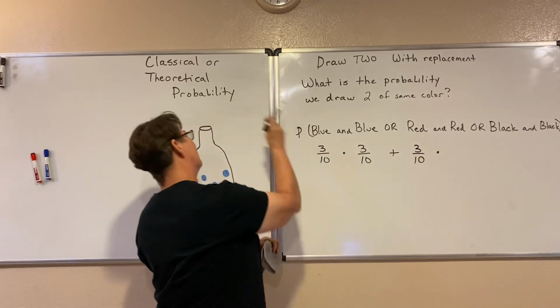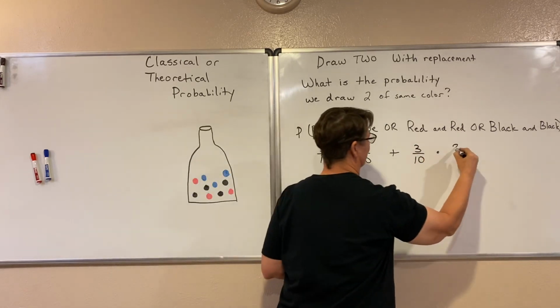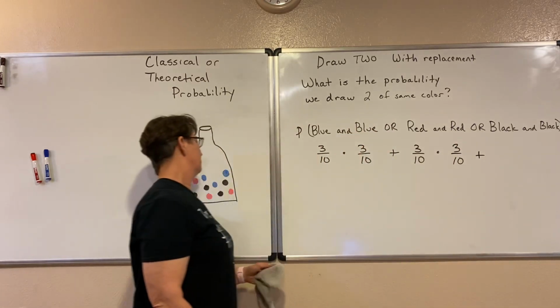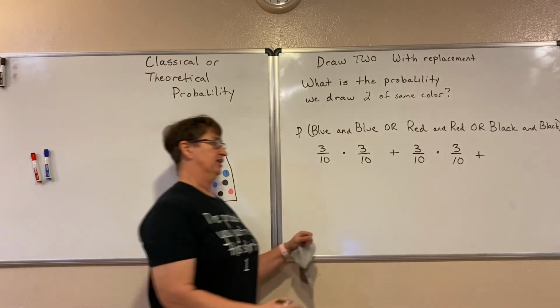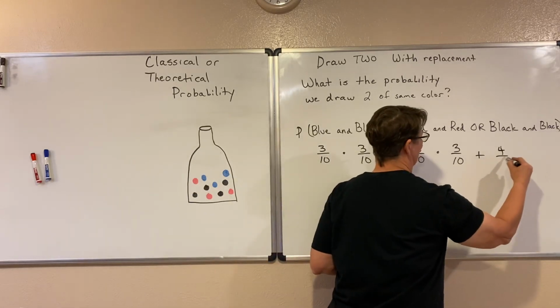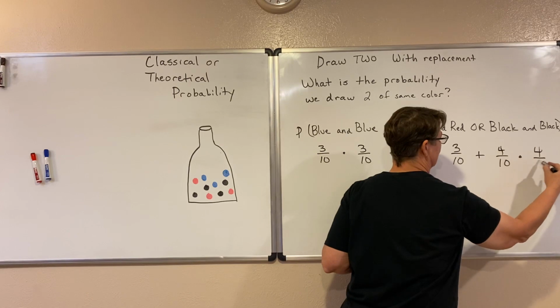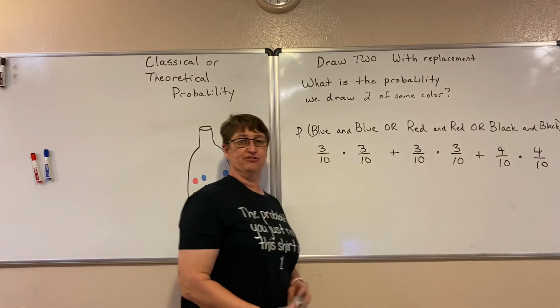And I put that first one back in, so I still have 3 out of 10 in there. "Or" tells me to add. The black, there are 4 out of 10. I put it back in. The "and," multiply, put it back in, and the probability I get a black on the second one is still 4 out of 10.